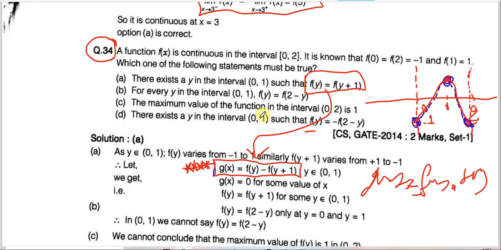Let's take one value, 1 by 2. If you put 1 by 2, then it is coming out to be f of 1 by 2 plus f of 2 minus 1 by 2, which is 3 by 2.